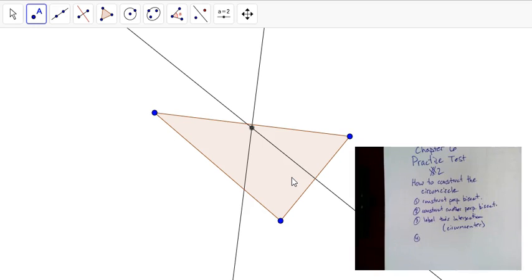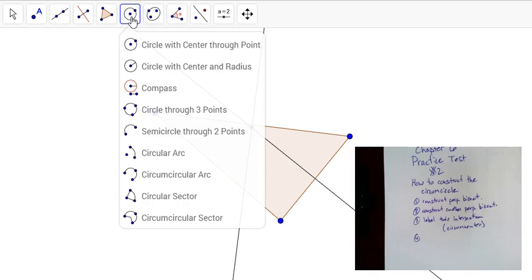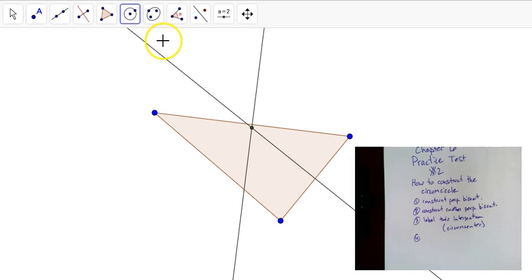Next, we're going to draw, well, they'll say to set your compass. So let's see here, but we're just going to use our circle tool. We do have a compass tool, but let's set our compass to the distance from the circumcenter to one of these vertices. And it doesn't matter which one, we just pick one. Okay?